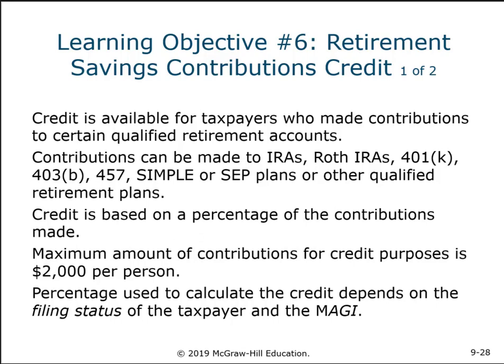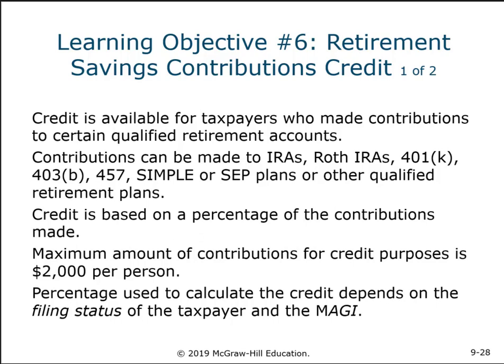Remember, your credit reduces your tax liability by a percentage of the amount you put into the savings account. You can never consider more than $2,000. So if you put in $6,000 into your IRA, the most that can be considered for this credit is $2,000.